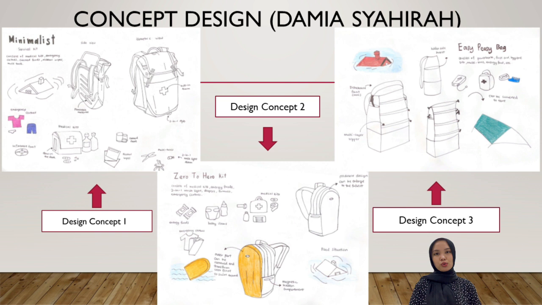This Easy Peasy survival kit consists of energy food, first aid, multi-tools, hygiene kits, toiletries, and emergency clothes. It also has a new feature, which is a built-in GPS tracker to locate your family members.